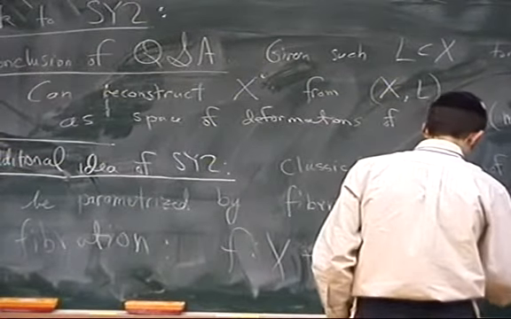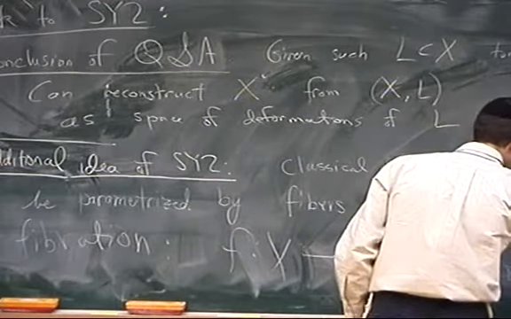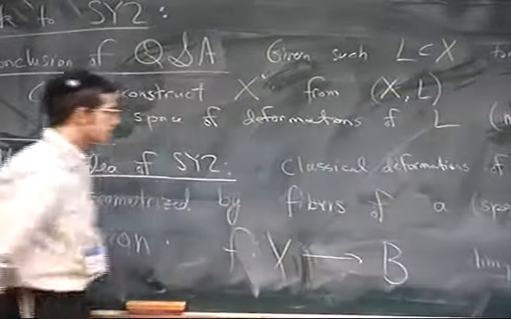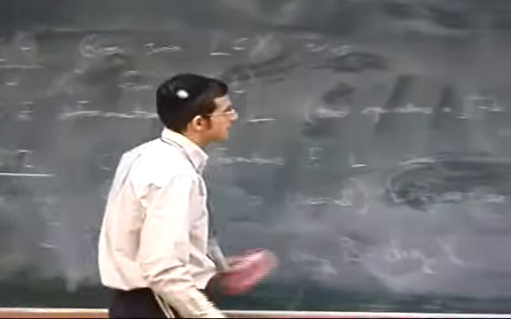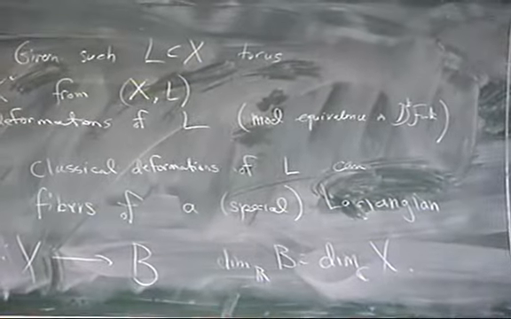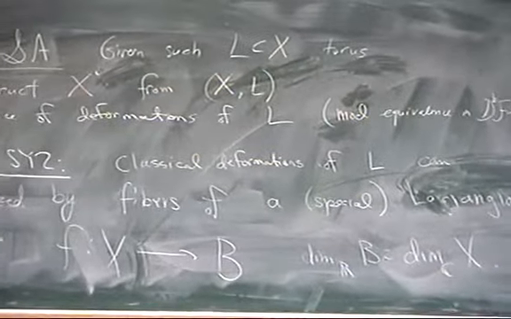Its real dimension should be equal to the complex dimension of X. And if X satisfies enough conditions to make it Calabi-Yau, so in particular dimension 3, but simply connected, then B should be something like a sphere.